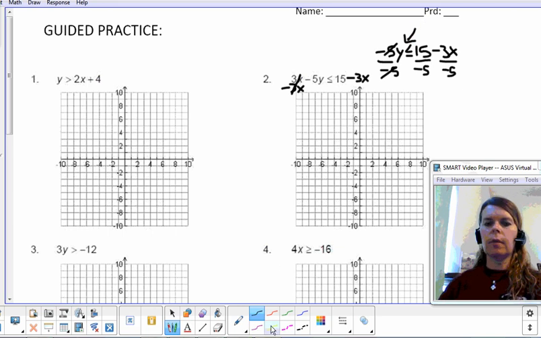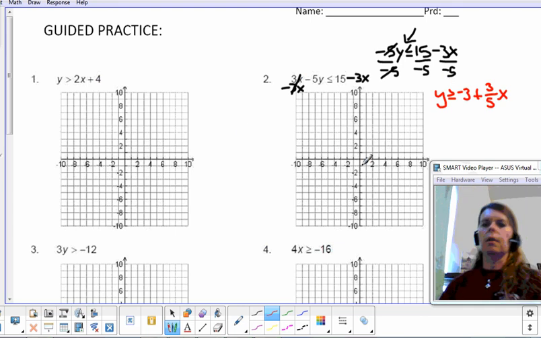So now we have y is greater than or equal to, the equal to sign stays there, negative 3 plus 3/5 x. Whenever you can't divide these, you just leave them as a fraction. Alright, so we start at negative 3.